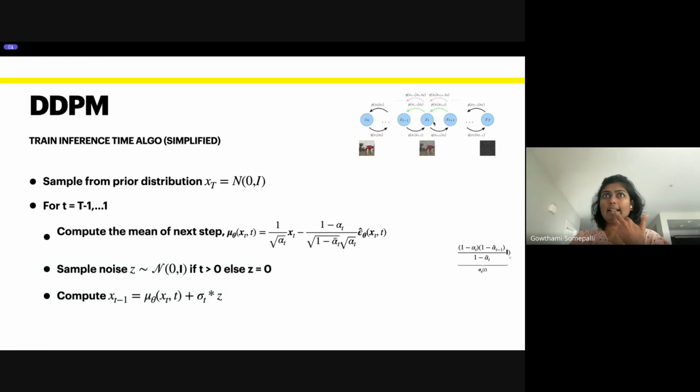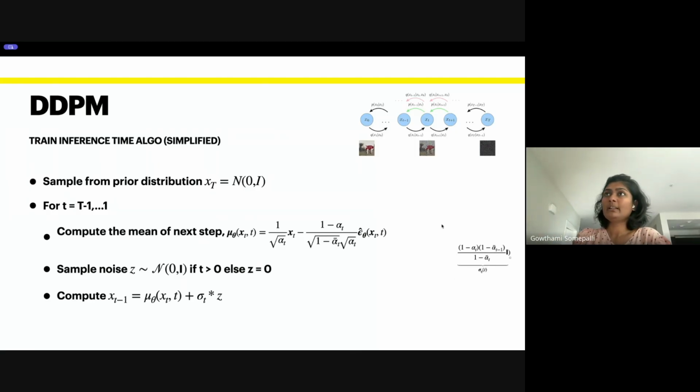Okay, after that, let's say we are at xt. We have seen before that this particular distribution, P of xt minus 1 given xt, is defined as a normal distribution with a mean predicted using a neural network, and the variance is already predefined.